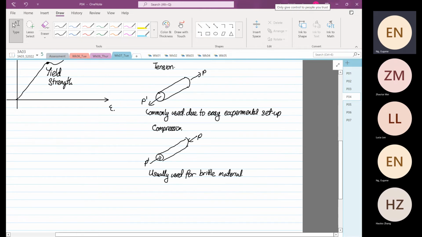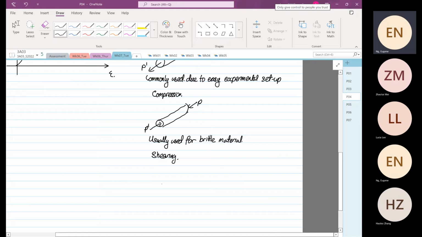And then the last one is shearing. For shearing, what they tend to do is induce a torque, where T is the torque.